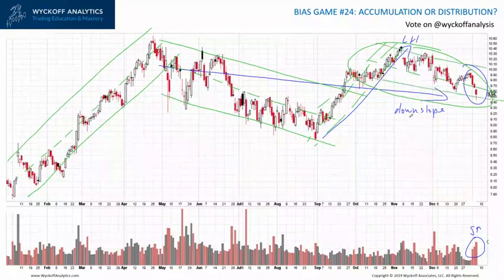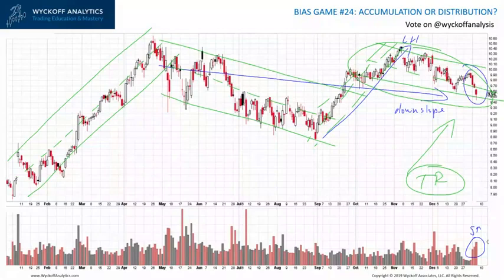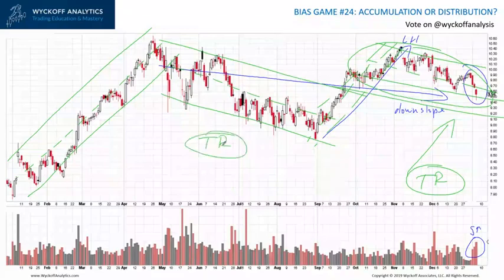So you could see that this trading range up there to the right is actually residing on the resistance, and now it acts as support of the trading range before.